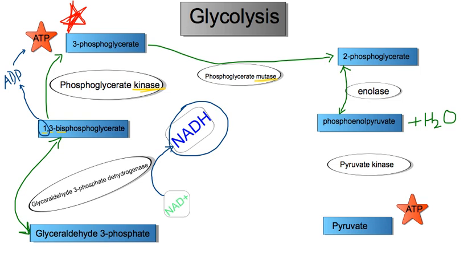And the next step is to go from phosphoenol pyruvate to pyruvate. So as you can see, that phospho part is missing.